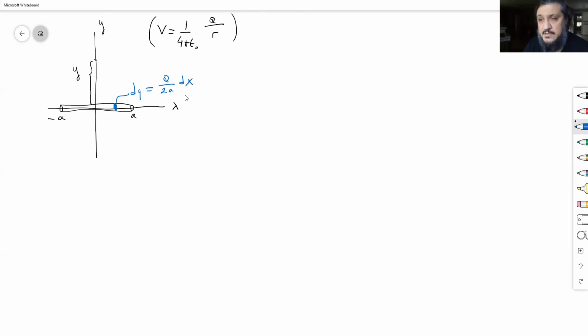One difference though: electric potential is a scalar quantity, so I don't have to worry about the angles here. So the electric potential can be directly found from the expression here. dV will be equal to 1 over 4 pi epsilon 0 dq, which is q over 2a dx, divided by the distance here, the square root of x squared plus y squared.